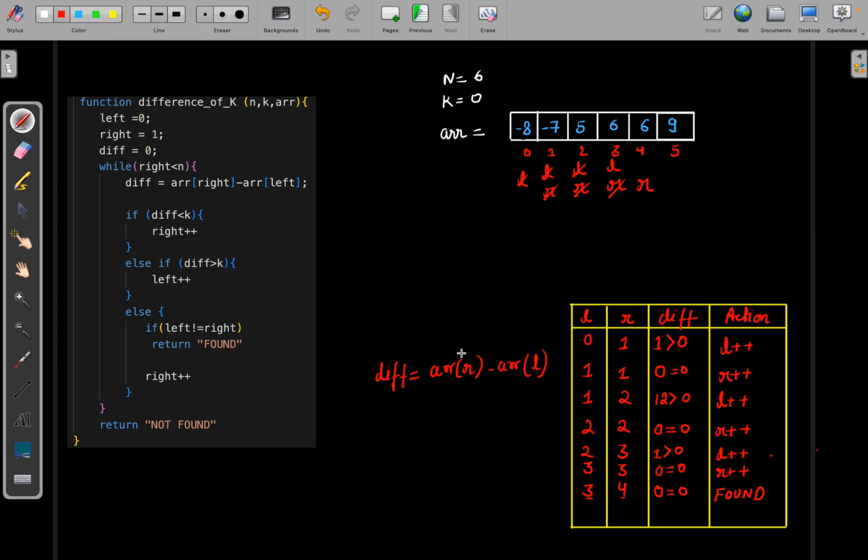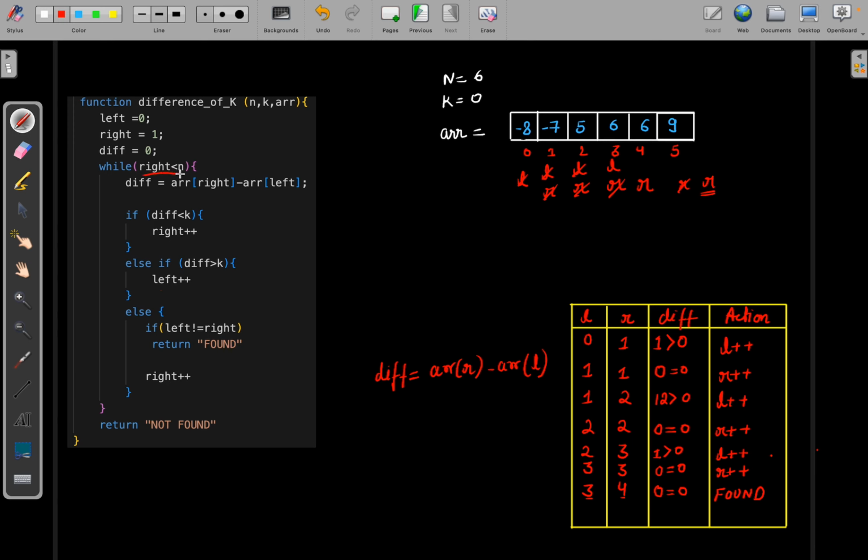So now you can see this is how both pointers will move. And suppose we are still not getting a result, suppose this is greater than k, or suppose this is less than k. So I will move my right pointer again and find whether I am getting the difference. No, I will move my right pointer here again, and that will be my limit.